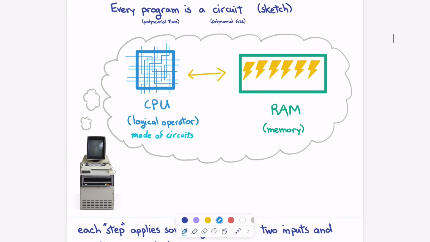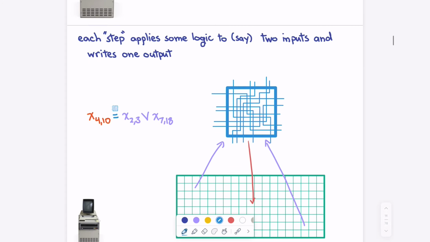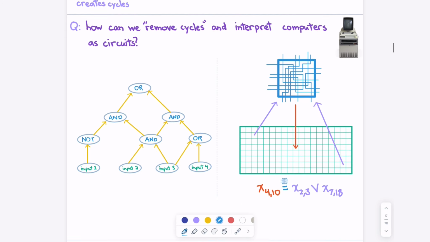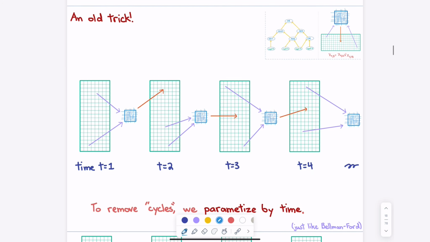And so one idea is that I can think of a polynomial time algorithm as a polynomial size circuit, where if I think of copies of the memory over time, and each location being like a node in a circuit. Most of these just get copied over, and then maybe 2 locations go in, write out one more thing.